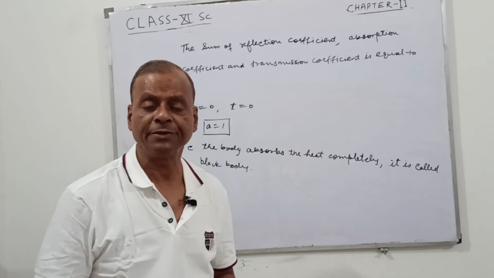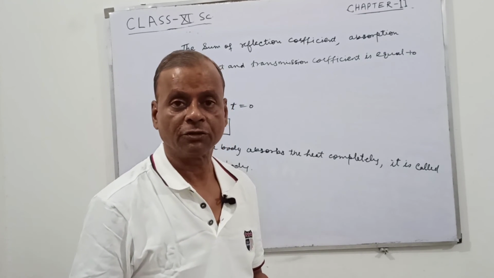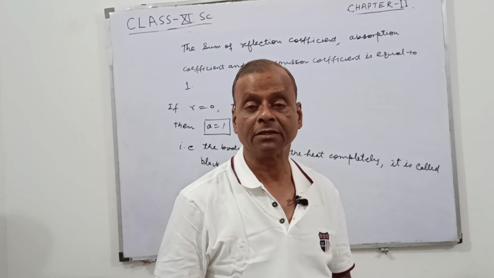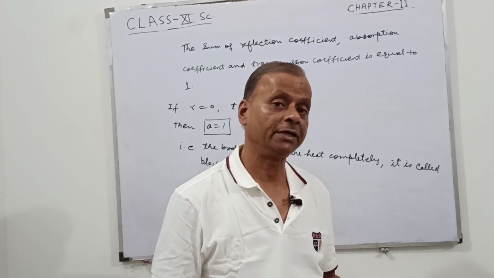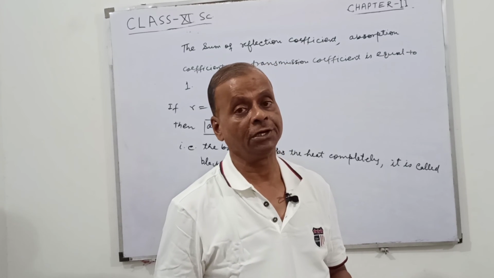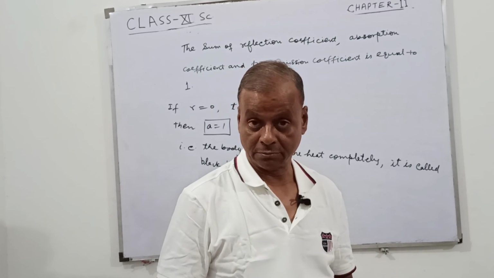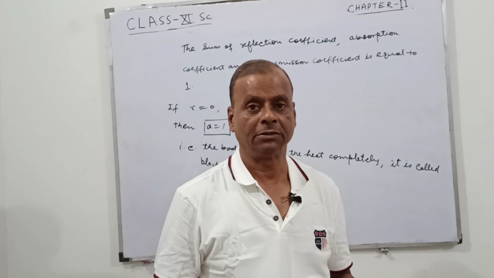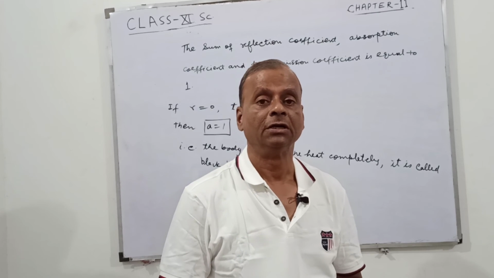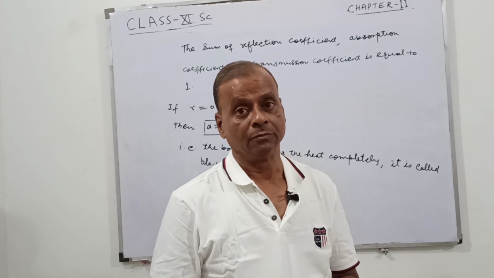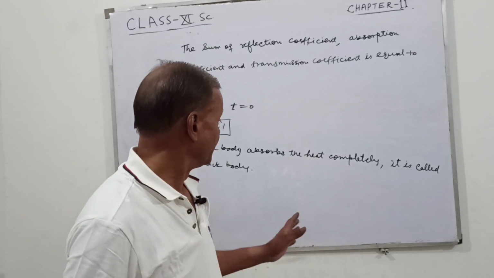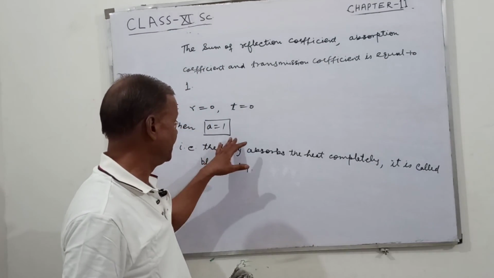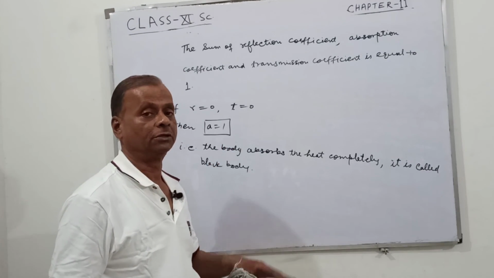So black body does not mean a black color. Every body can be a black body whenever it absorbs the heat completely. Particularly lamp black and some black things have the coefficient A approximately equal to 1.